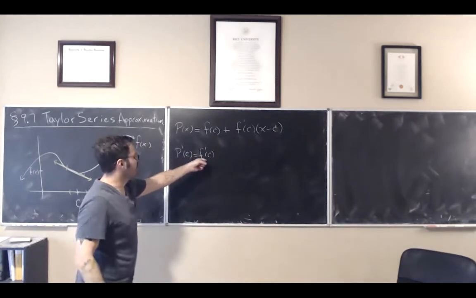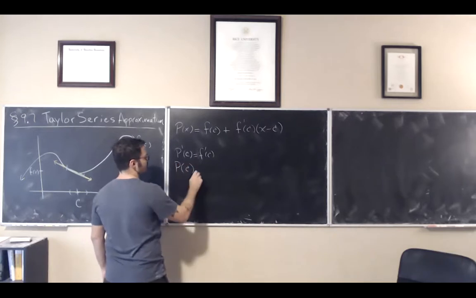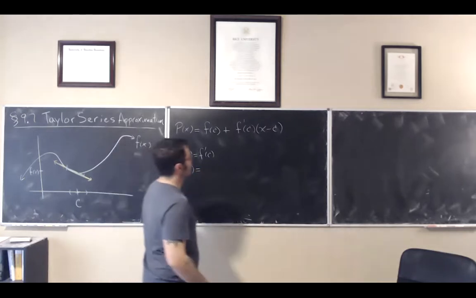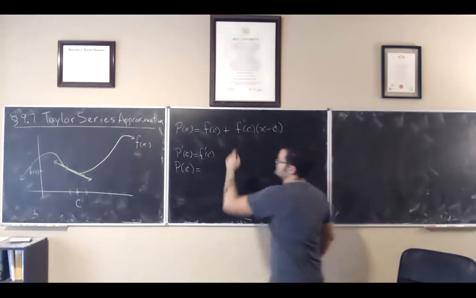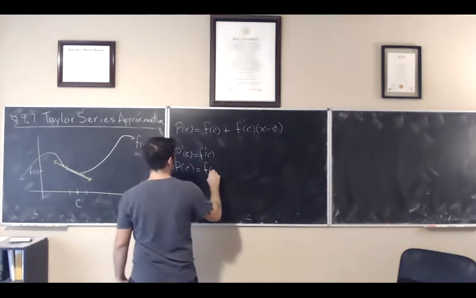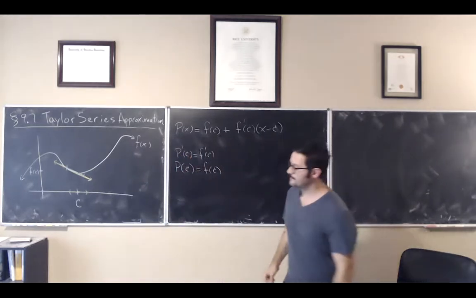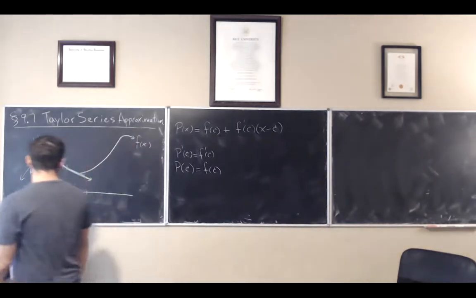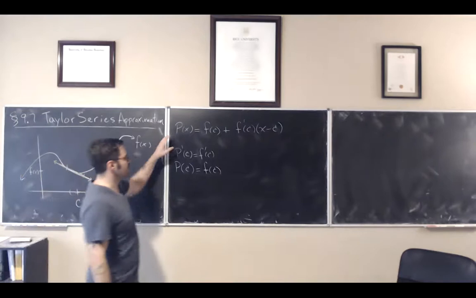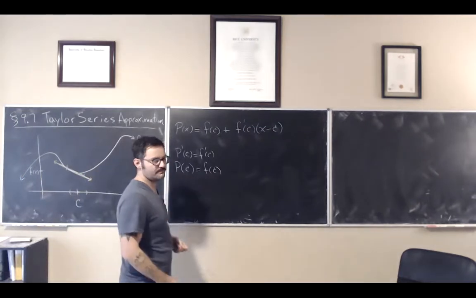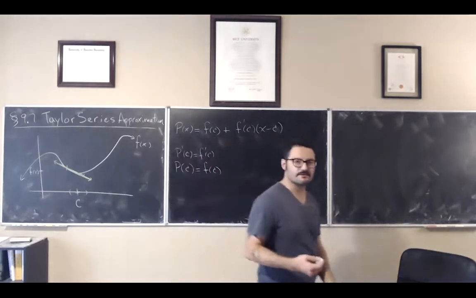So the derivatives match up. And if x is equal to c, the second term goes to 0, and you're just left with f of c. So the polynomial agrees with the function at c, and its derivative matches the function's derivative at c.